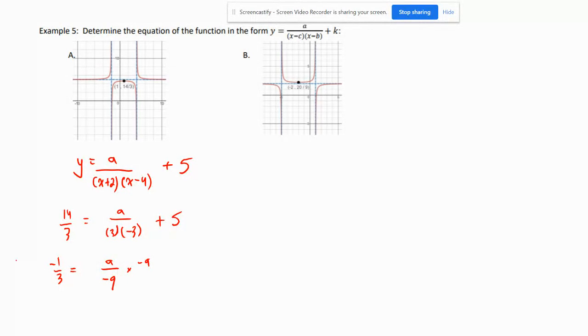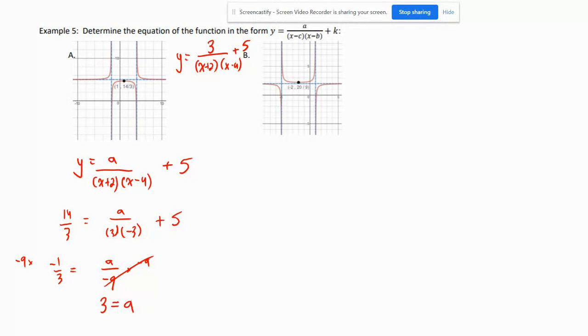Multiply both sides times -9. That means 3 equals a. And we get this equation over here.